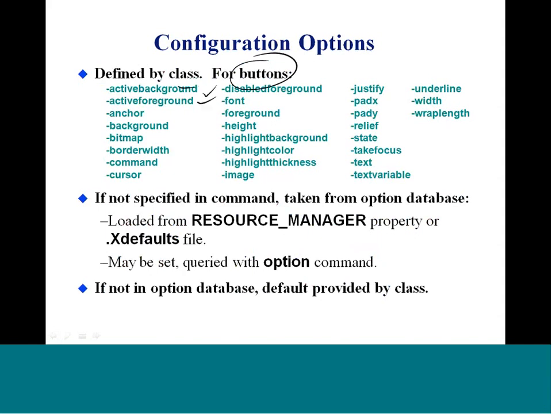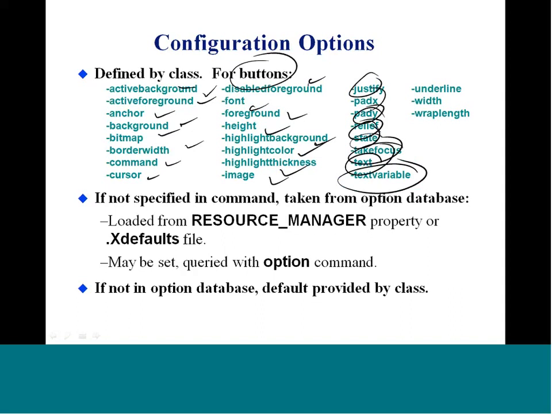You have active background, active foreground, anchor, background, bitmap, border width, command, cursor, disabled foreground, font, foreground, height, highlight background, highlight color, highlight thickness, image, justify, pad X, pad Y, relief, state, take focus, text, text variable, underline, width, and wrap length. These are most of the configuration options that are available for buttons.